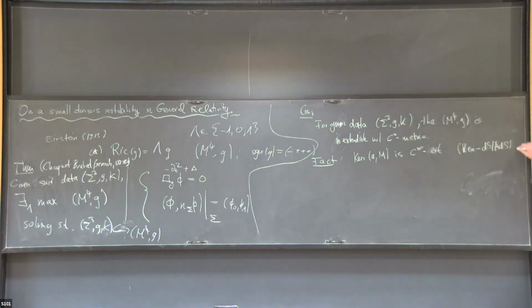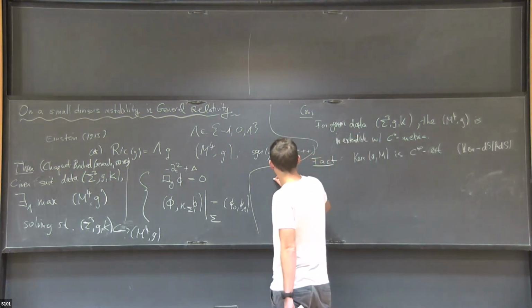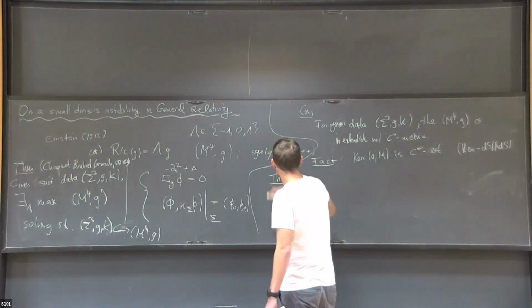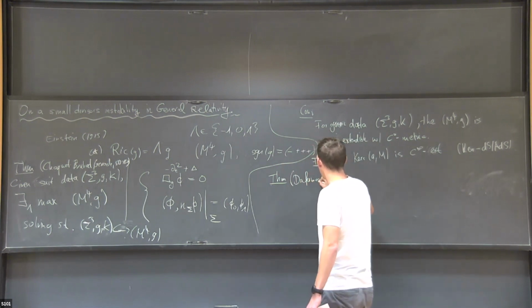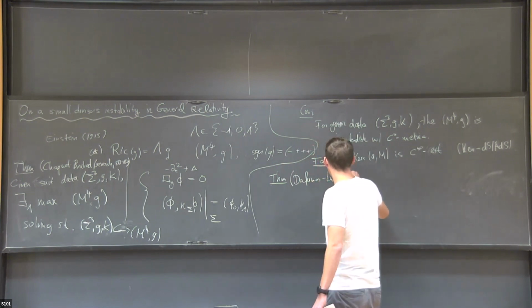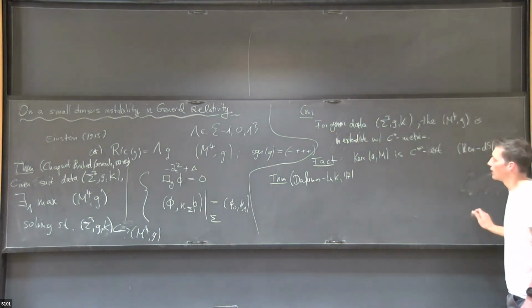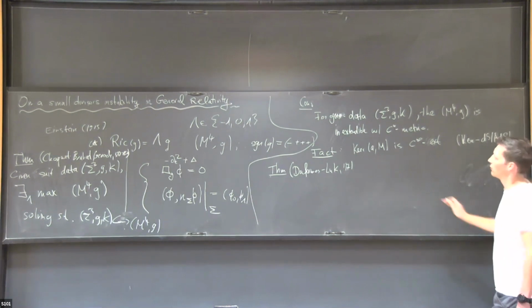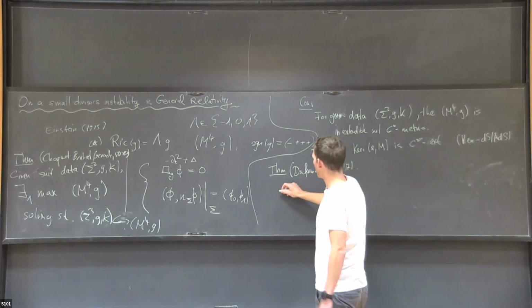However, it turns out that the conjecture I stated is also false. This is a theorem by Luk. Indeed, if you were to prove this conjecture in the affirmative, then you would have to specify what you mean by generic. Of course.